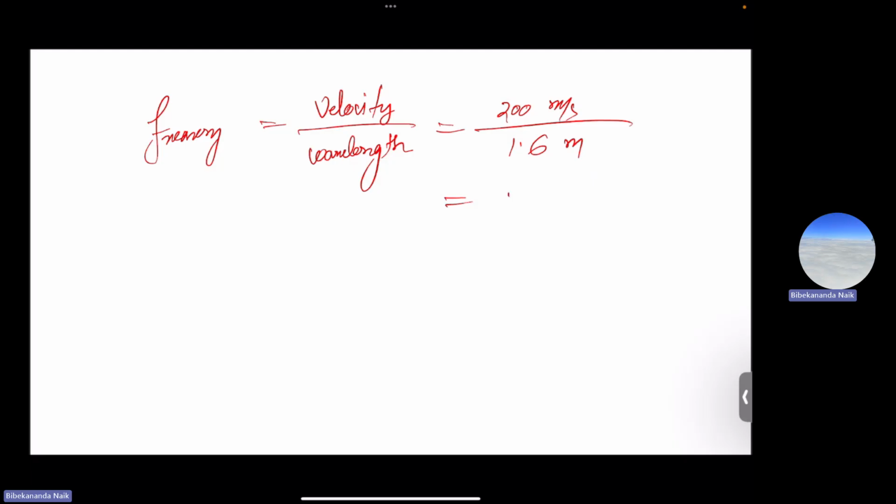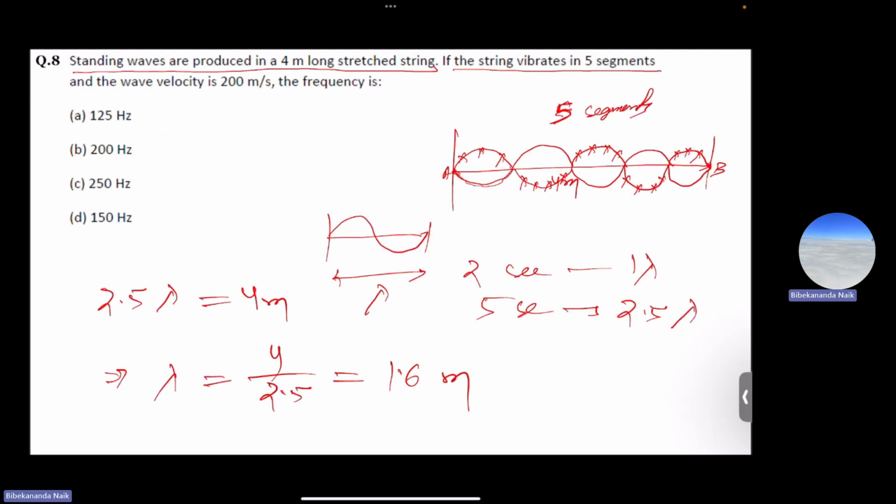If you calculate, it will come out to be 125 hertz. Hertz is basically second inverse. So the correct answer is 125 hertz and the correct option is option A.